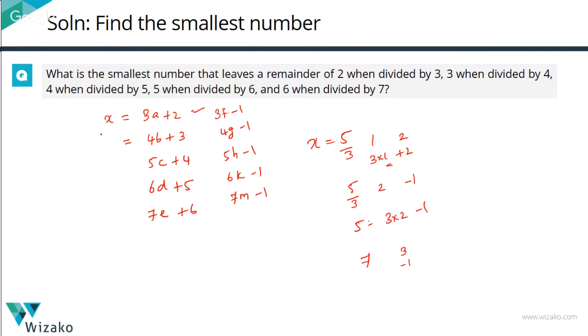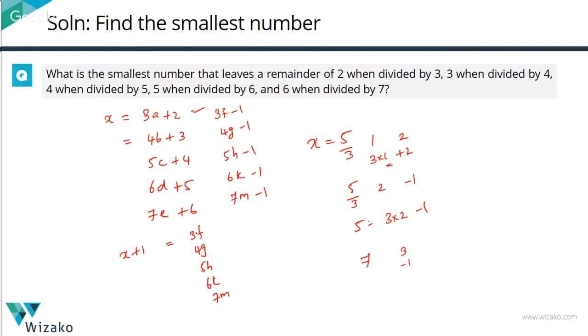So what we have is an x which is 1 less than a multiple of 3. It's 1 less than a multiple of 4, and so on and so forth. Take the 1 from all of these equations to the left hand side. So what we'll have is x plus 1 is 3f, x plus 1 is 4g, is 5h, is 6k, is 7m.